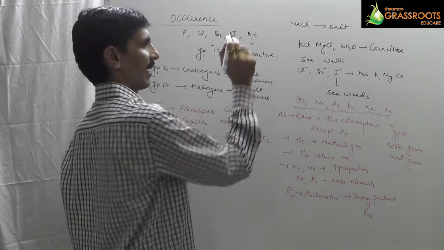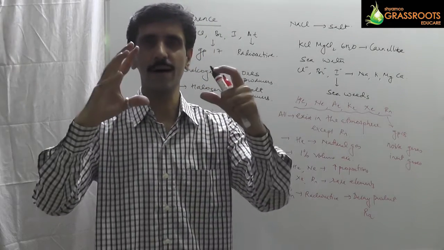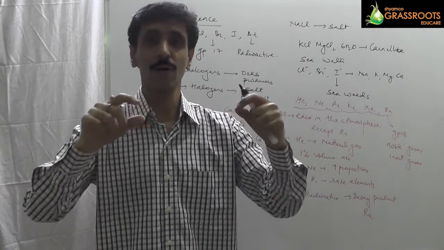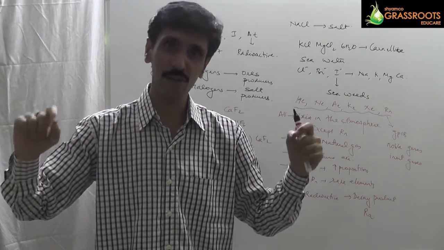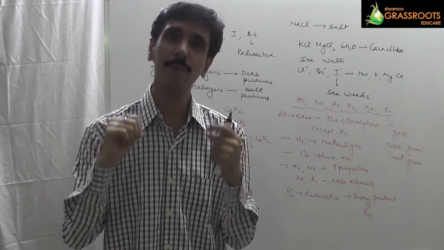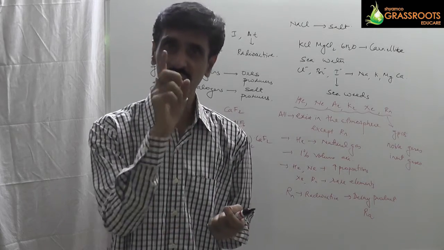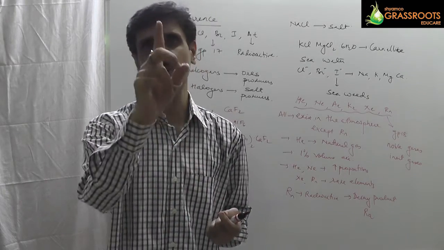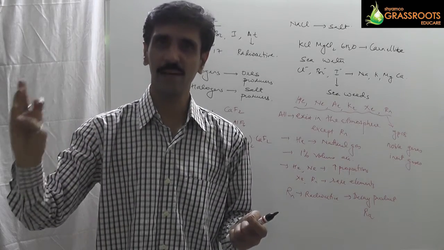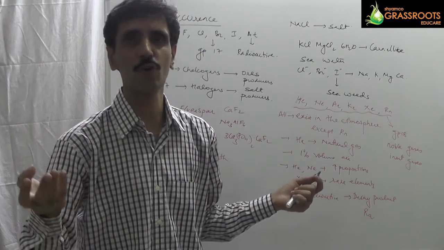So you have to remember it this way. You know 16, 17, 18, all of them are being considered together, so comparison becomes very easy. You can put down some common points also if you take all three groups together. The common point with respect to the occurrence is that the last element of all these groups is going to be radioactive: polonium of group 16, astatine of group 17, and of course radon of group 18.